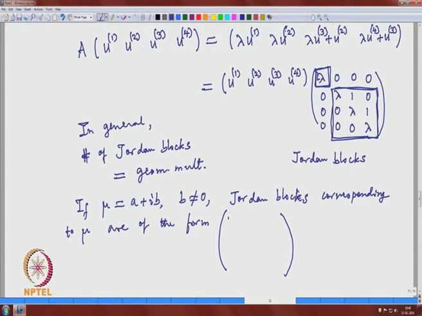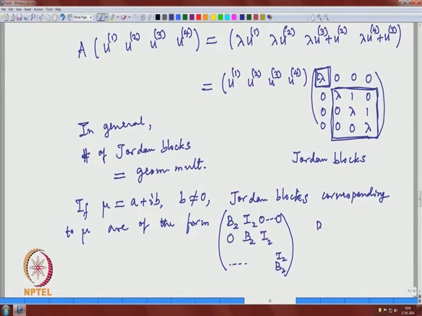Okay. So, let me write just B2, I2, 0, B2, I2, etc. Okay. So, diagonal blocks.